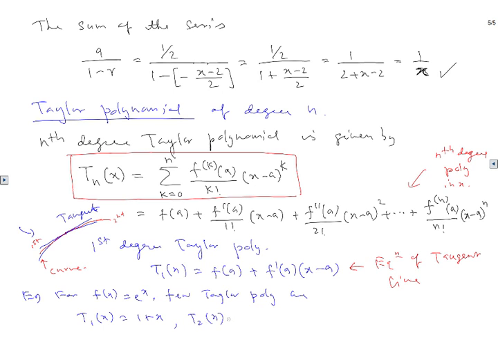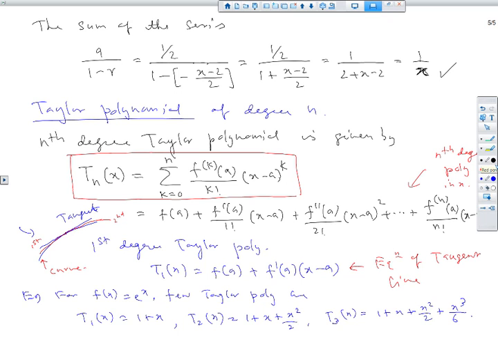T2(x) means you consider up to degree 2, that is x squared over 2 factorial, and T3 is up to third degree, so 1 plus x plus x squared over 2 plus x cubed over 6. That's the third degree Taylor polynomial. You can see that when you graph it, they get closer and closer. So the more the better.